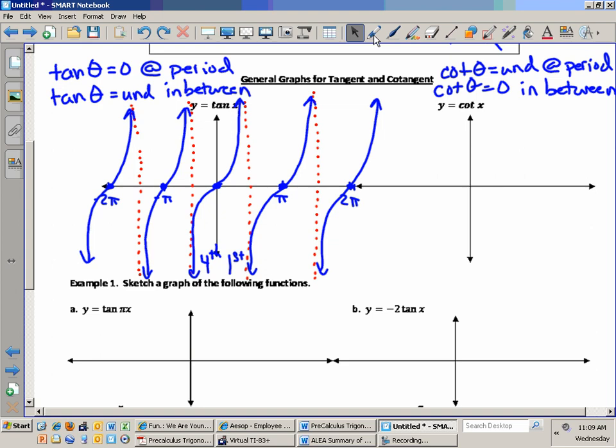So I'm going to mark out the pi's again. I have 2 pi, pi, 0, negative pi, negative 2 pi. And it says that cotangent is undefined at the period. So what should I do through these periods? Draw vertical asymptotes right through these periods.